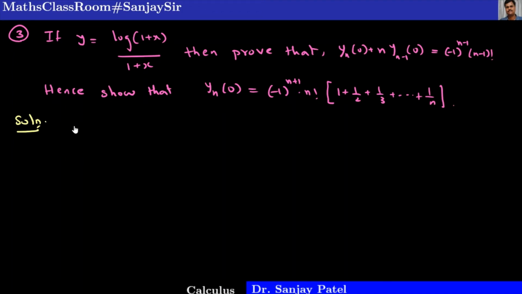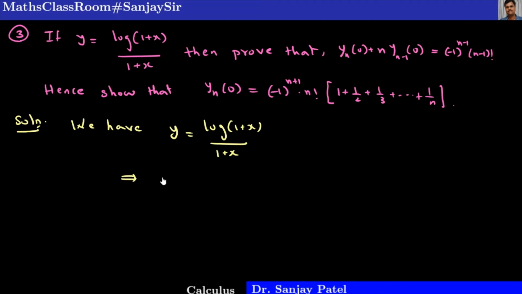So first of all, we have the given function y is equal to log of 1 plus x upon 1 plus x. Our final aim is to find the nth derivative and obtain this relation as well as the nth derivative value at 0. So there are two things to be proved in this problem. So first of all, I want to write this 1 plus x in the left hand side.